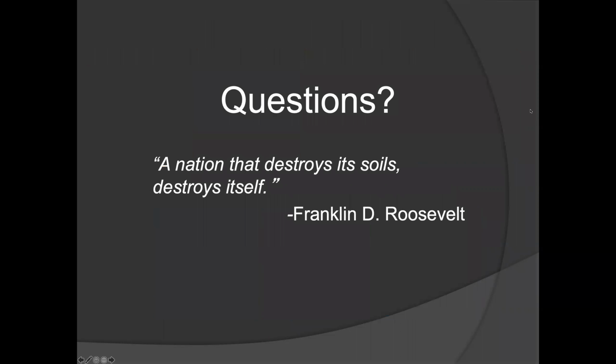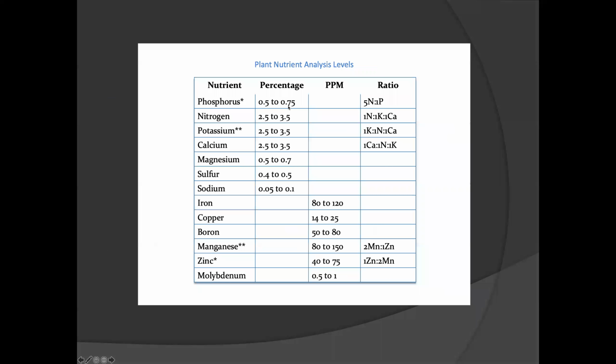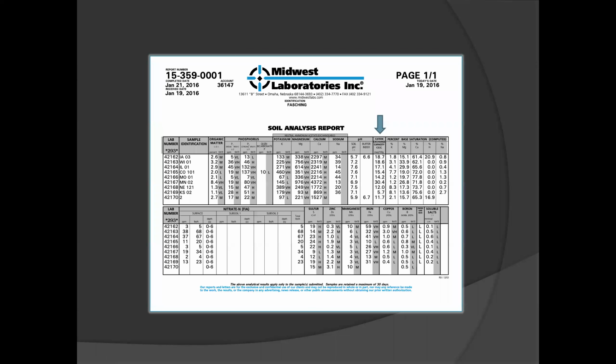So I got a question from Jerry. It says, what is the first item I should look at on my soil test? So let me see if I can go back to one here. Usually my first thing when I see a soil test, I look at the base saturation percent first, just to look at pH and base saturation, something anybody can visually see.